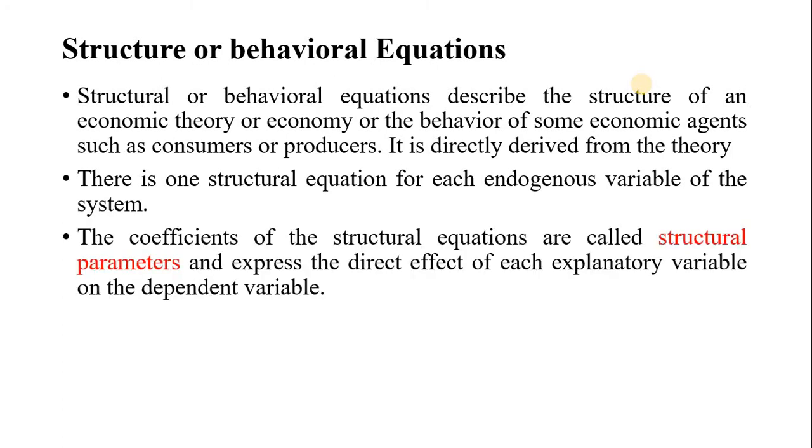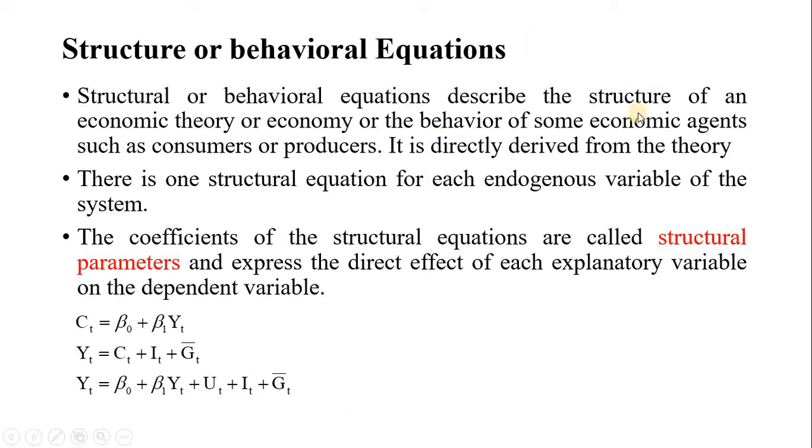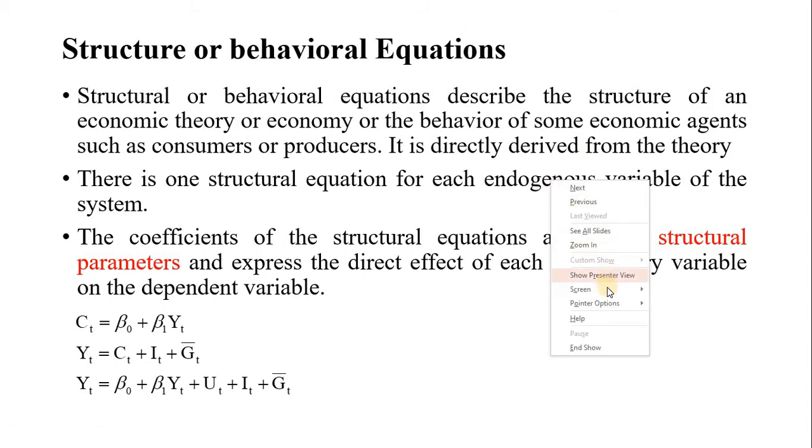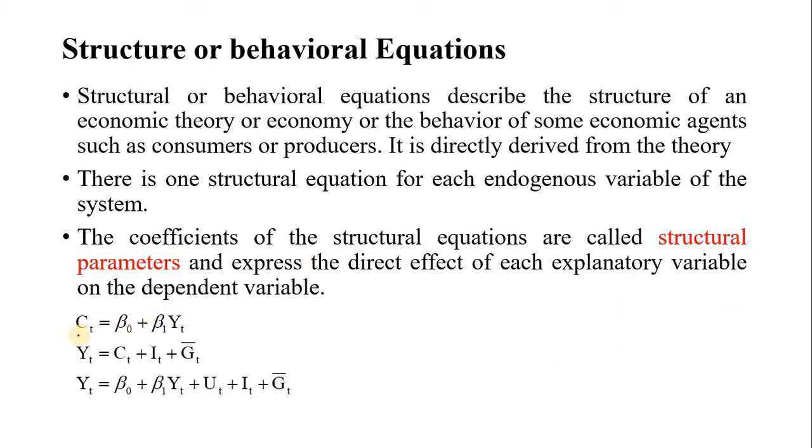I'll take an example, and using this example I will explain. Look at this example. Ct is equal to beta 0 plus beta 1 Yt.